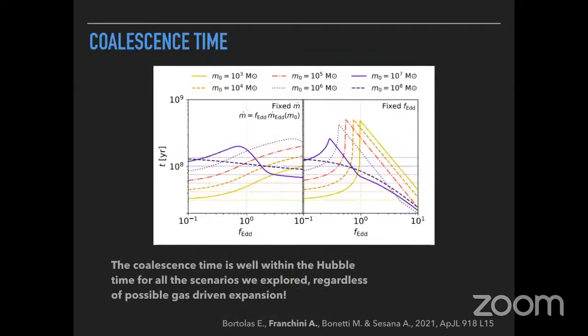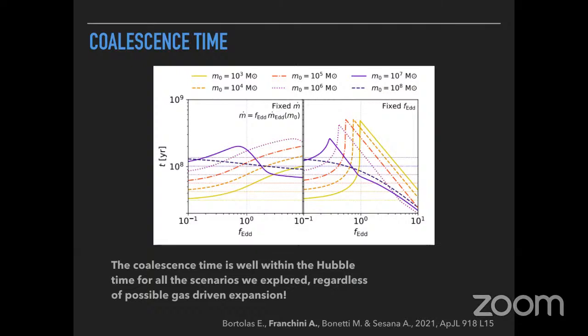And so what we did at the end of this work was just to compute the coalescence time for all these cases. As you can see from these very crowded plots, we never have a coalescence time which is longer than the Hubble time.